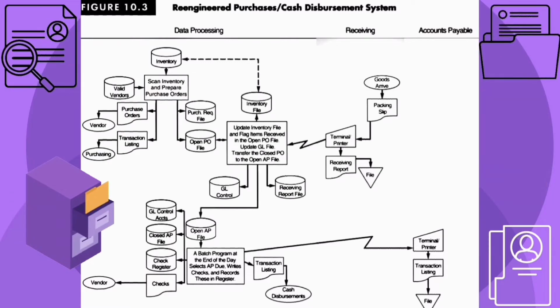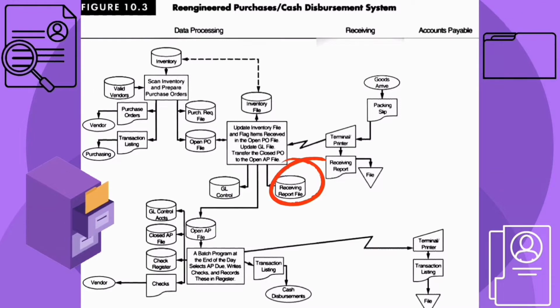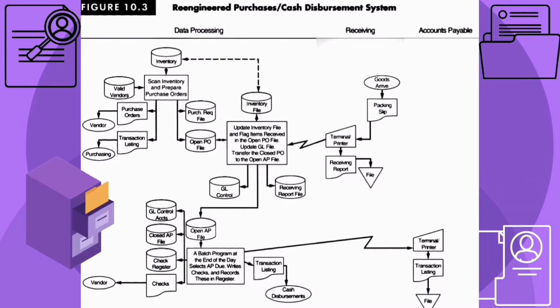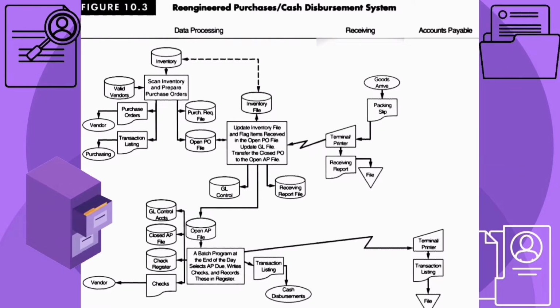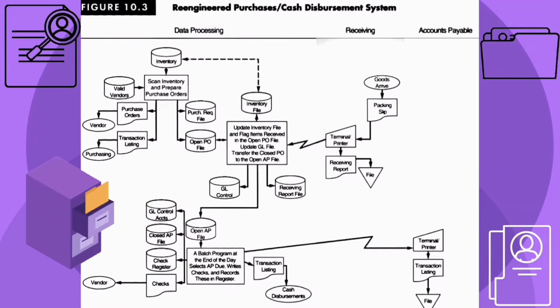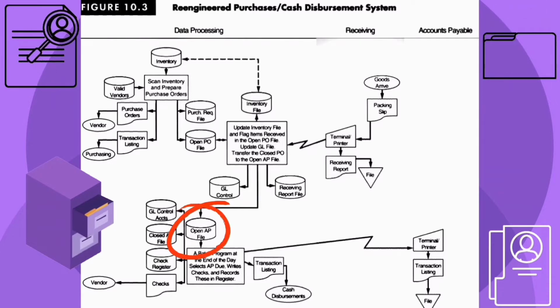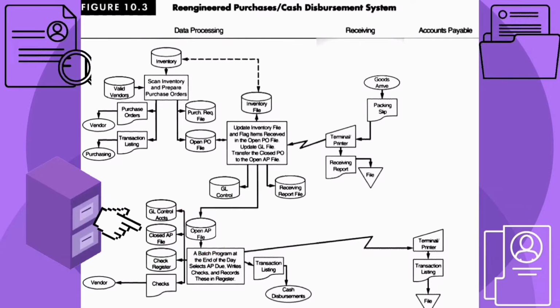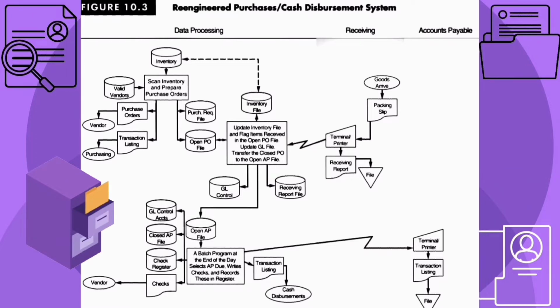Quantities of items received are matched against the open purchase order record. A record is added to the receiving report file. The inventory subsidiary records are updated to reflect the receipt of the inventory. Next, the general ledger inventory control account is updated. Then, the record is removed from the open purchase order file and added to the open accounts payable file, and a due date for payment is established.